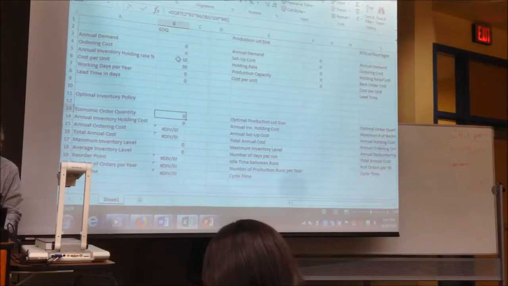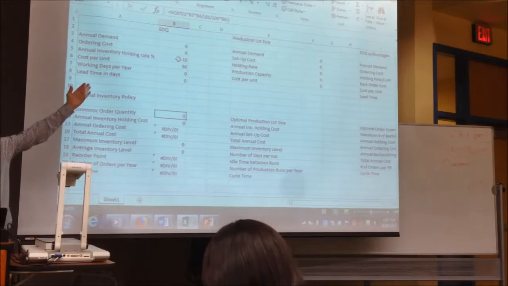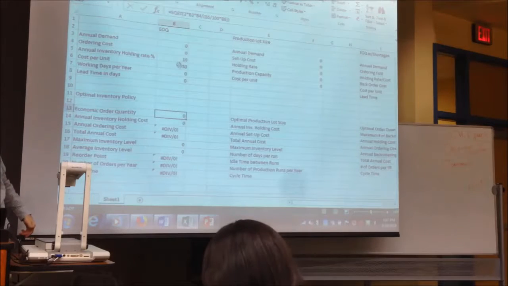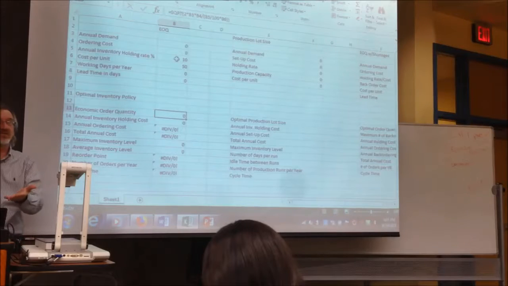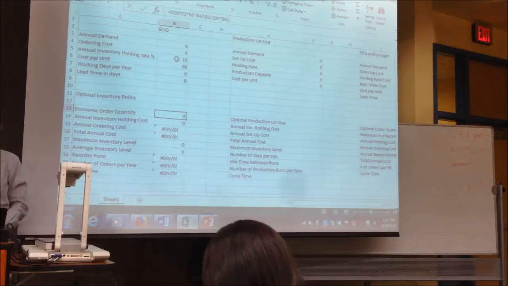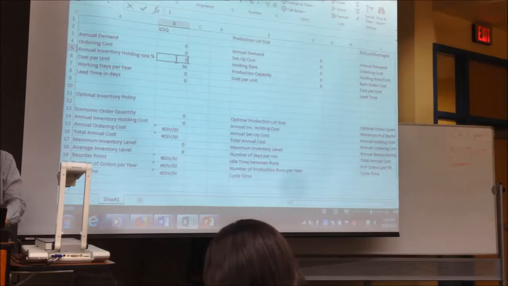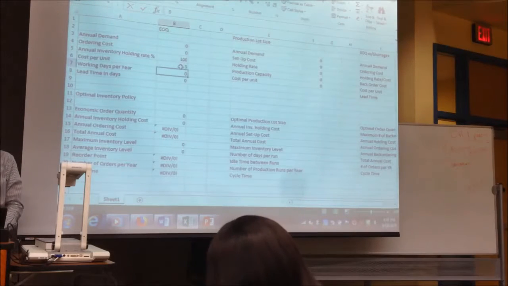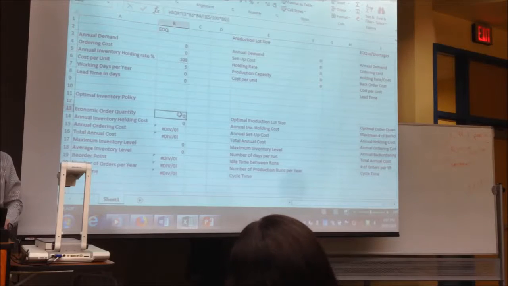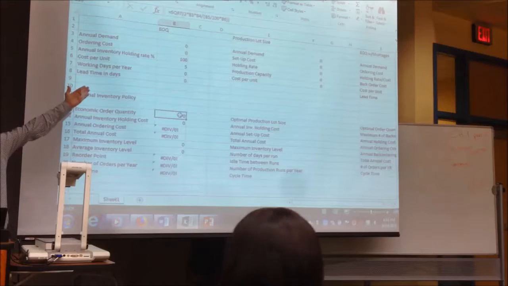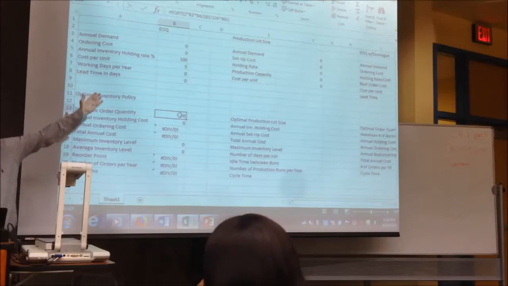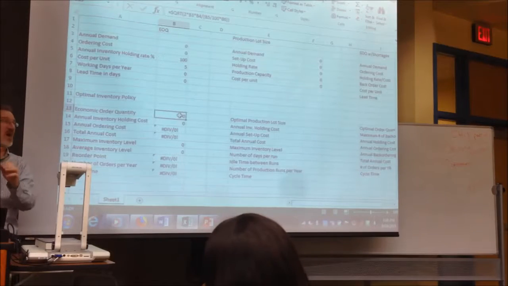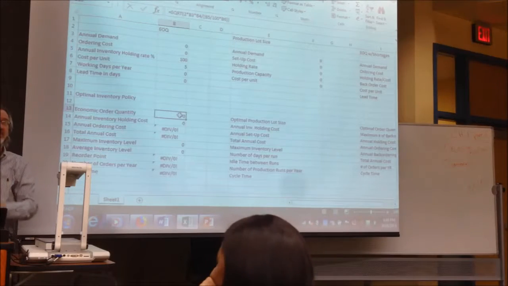Let's pretend the story says the holding cost is $5. Well then, in order to force that to be just $5, I'm going to make sure that these two numbers here calculate out to $5 instead of me working with a percentage. So I'll just put, maybe I'll put 100% of $5. Now this should come out to 5. We can't see because we didn't finish it. But that should equal 100 divided by 100 is 1 times B6, which is 5. Now, if the problem says $5 holding cost, it's going to use 5.